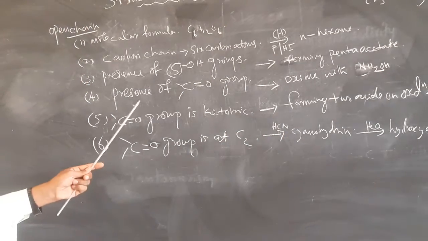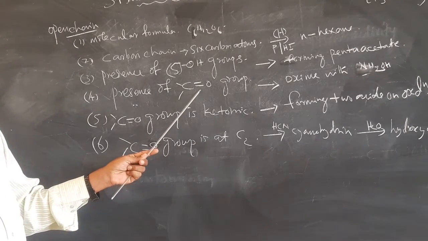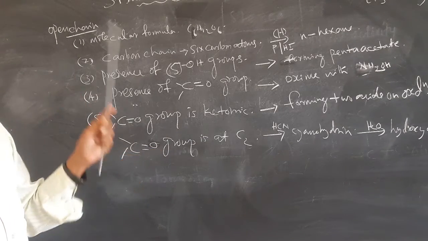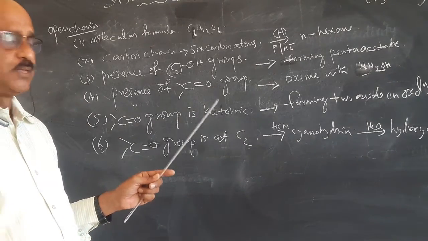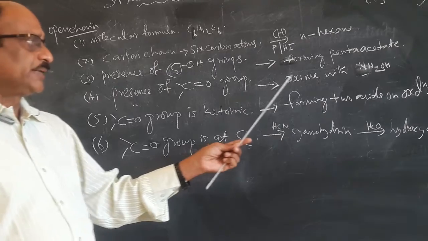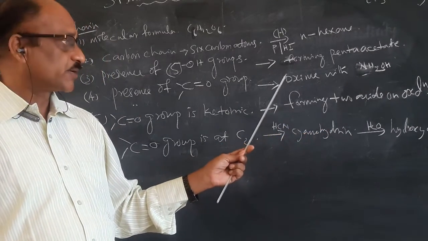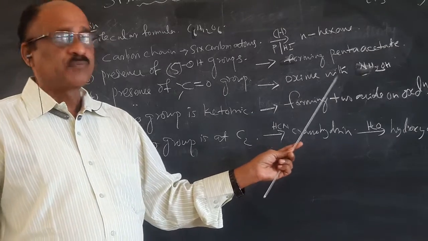Next reaction: the presence of a ketonic group, the CO group. In the case of glucose there was an aldehyde group, CHO; here it is a CO group. That can be shown by the reaction with hydroxylamine. Hydroxylamine and fructose react together, forming an oxime.